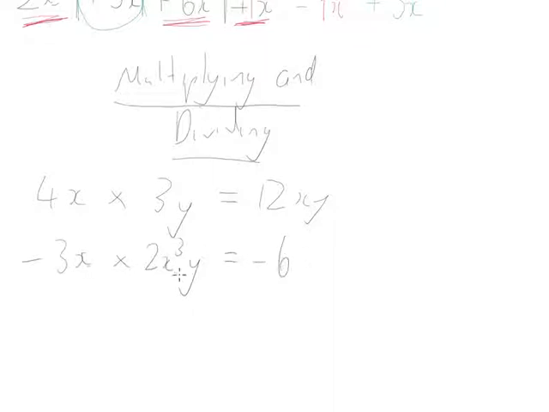X by x cubed, there's 1x here, 3x is here, so 1x and 3 more x's is going to make 4x, so x to the power of 4. As a side note, you should recall your index laws that say x to the power of a times x to the power of b equals x to the power of a plus b.